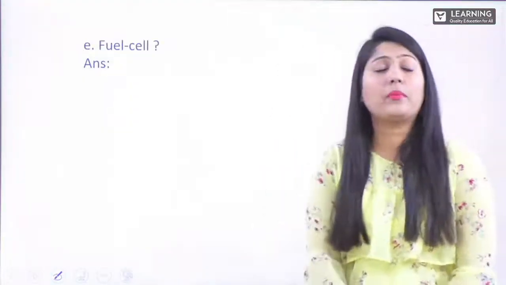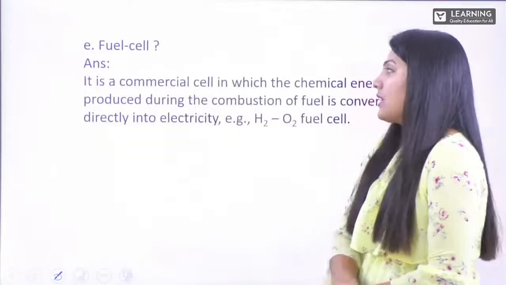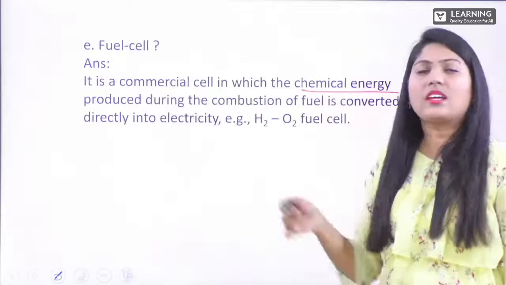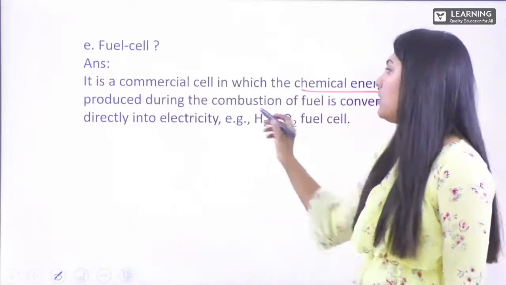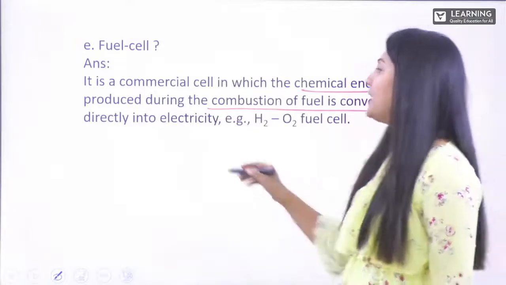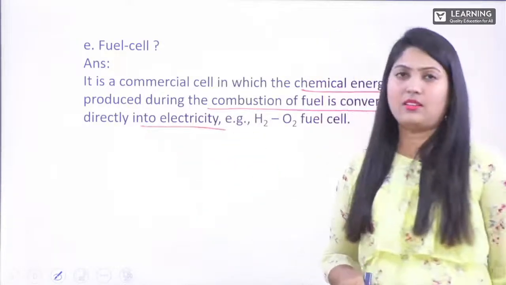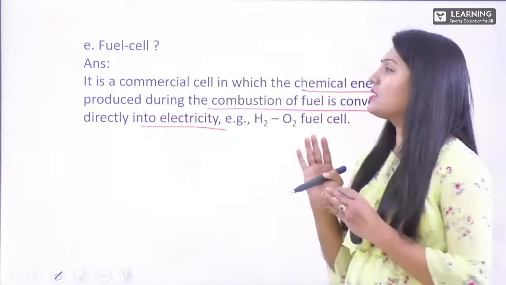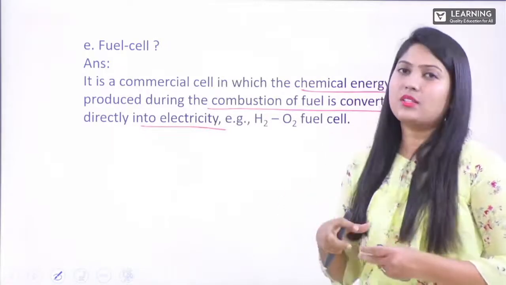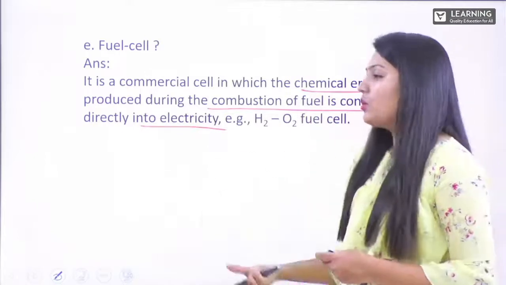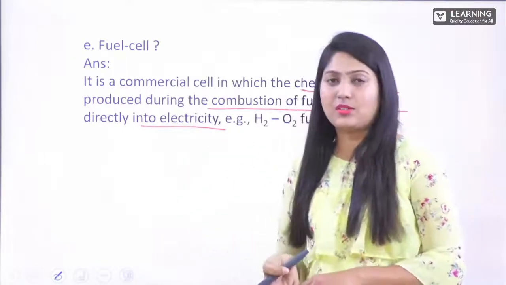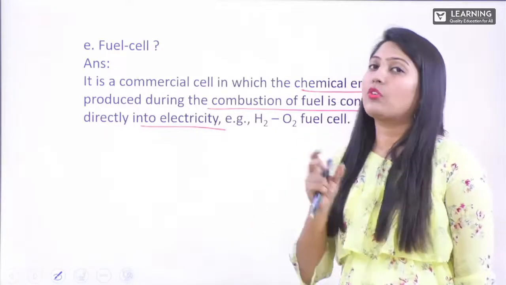Next, what do you mean by fuel cell? It is a cell in which the chemical energy produced during the combustion of fuel is converted directly into electricity. It's so simple: this fuel cell is commercially used, and here chemical energy is converted into electrical energy by combustion of the fuel.